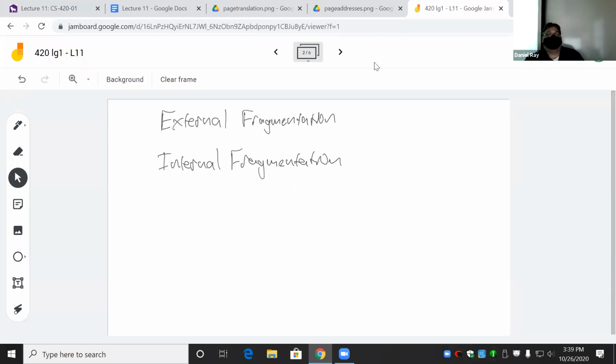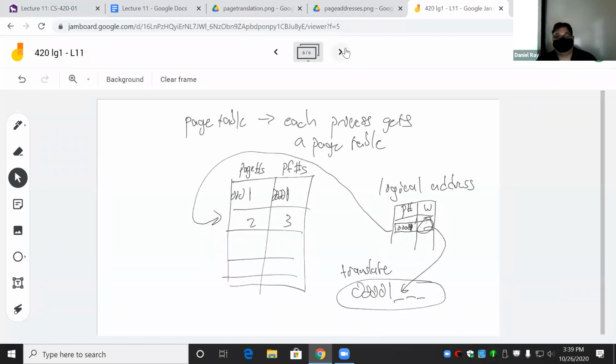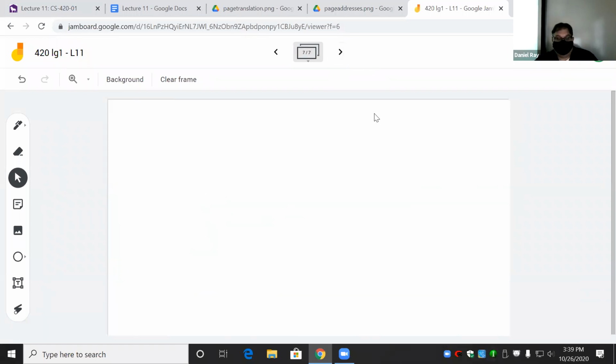All right. There is a problem that I haven't talked about yet that comes with paging. I mentioned that in your load module, you have all the things that are going to be stored in memory.